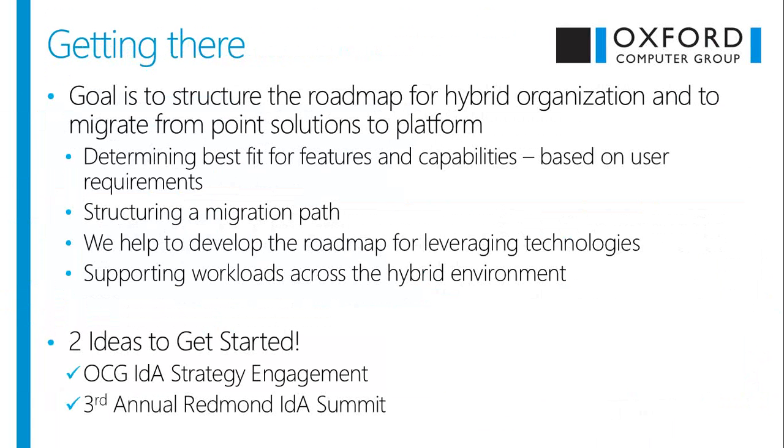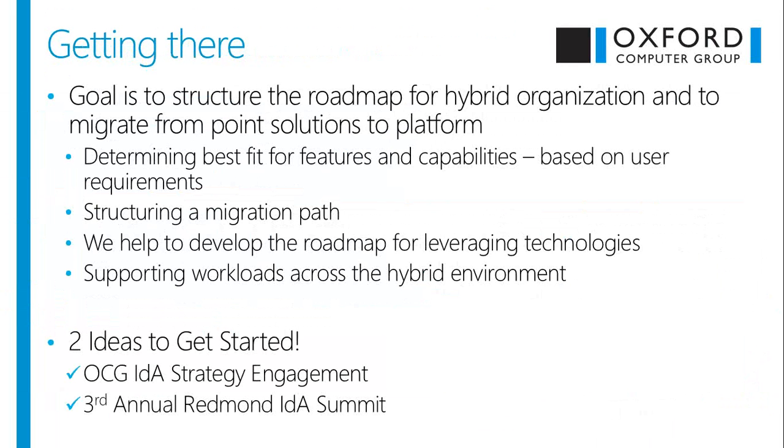So wrapping up, how do you get there? So the goal is to structure the roadmap for a hybrid organization that helps to migrate from the existing point solution separation between cloud and on-premises to a platform approach. And that involves determining the best fit for features and capabilities based on requirements for on-premises or cloud-based capabilities.